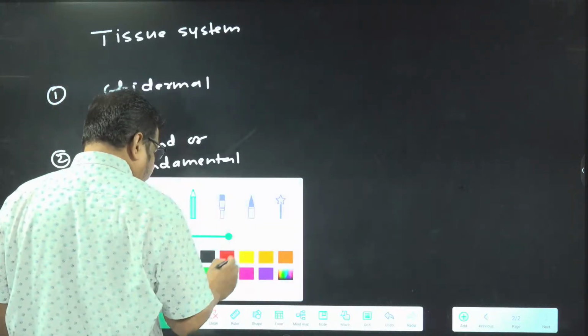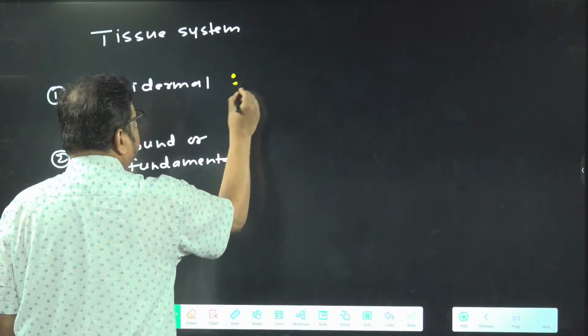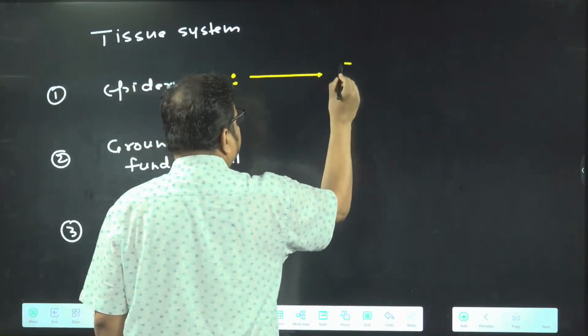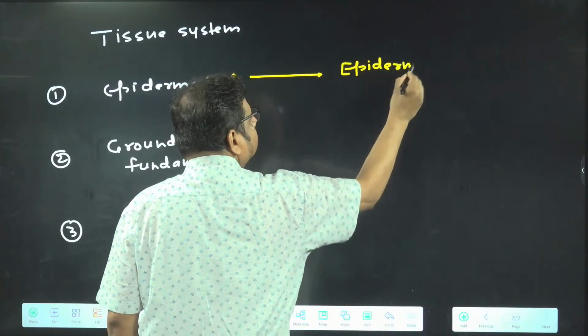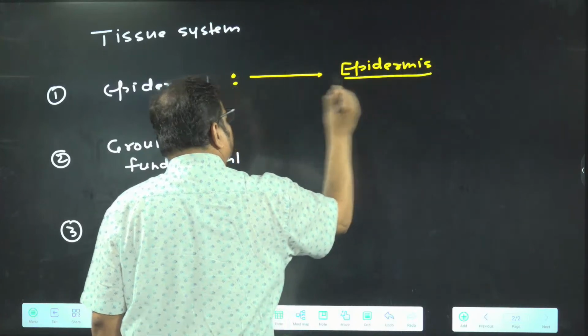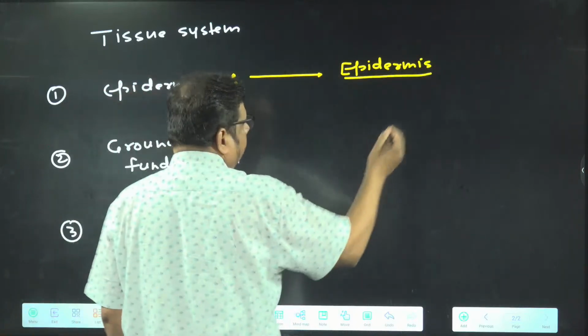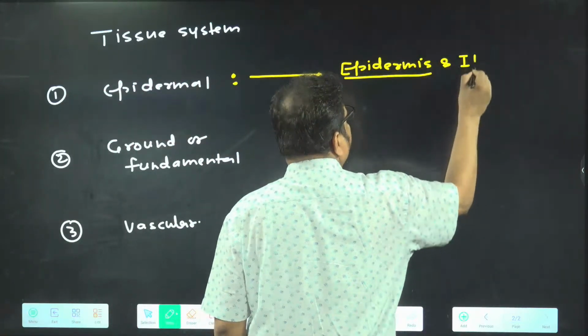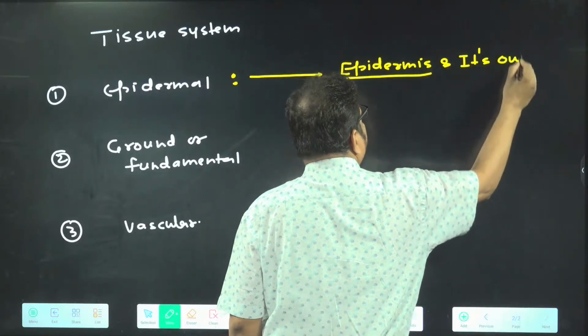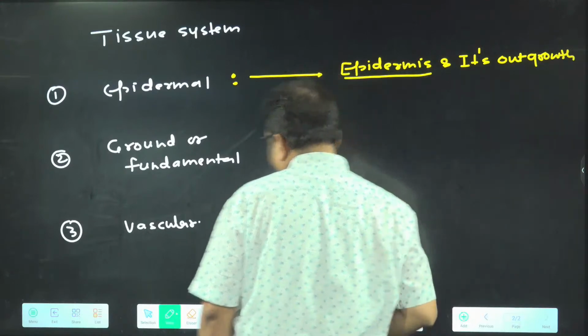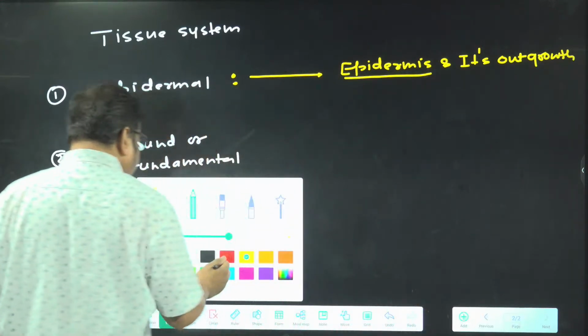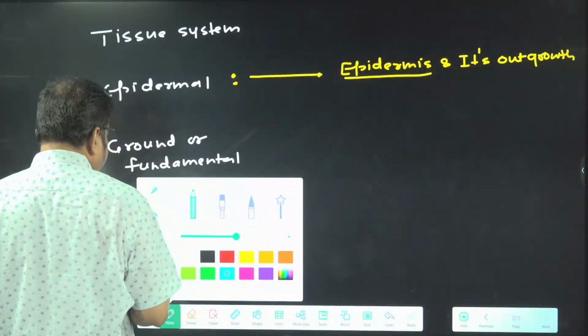If you talk about the epidermal tissue system, what comes here? Epidermis and its outgrowths, like root hair, stem hair, etc.